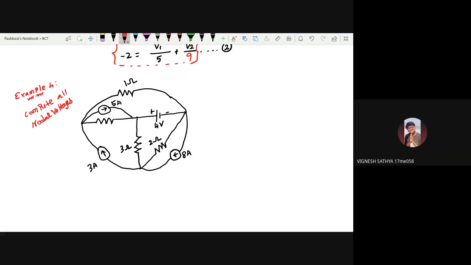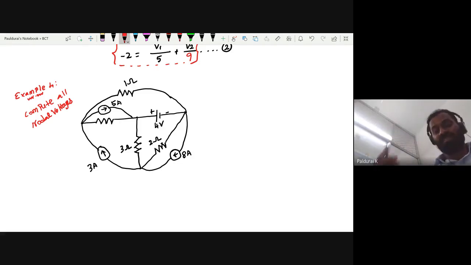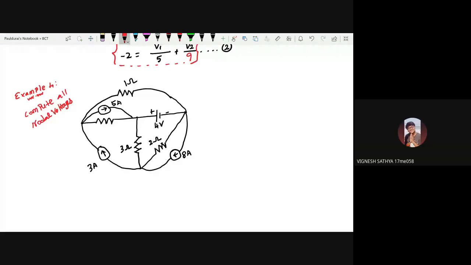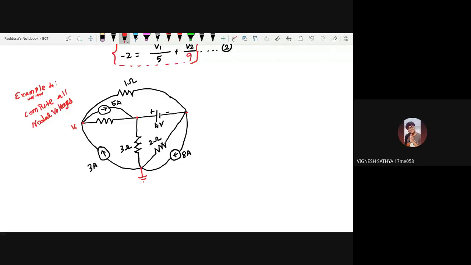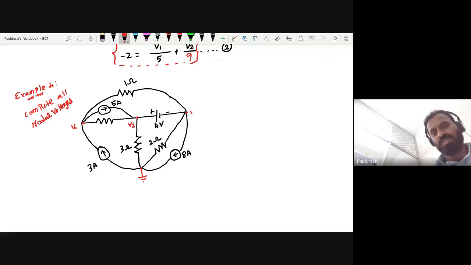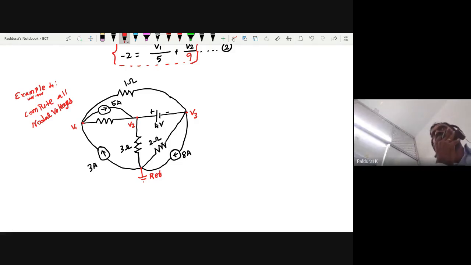Sir, essential nodes. Okay, how many essential nodes are here? Sir, 3. Here 4. The fourth is the reference, right, sir? Totally 4, but you want to take the fourth one as reference. Always take the bottom one as reference. So can you find V1, V2, and V3 by yourself?